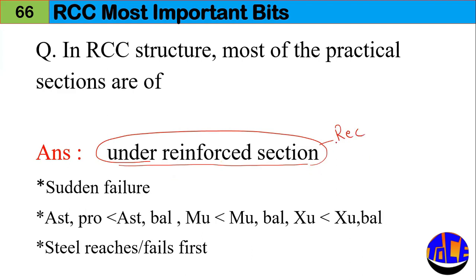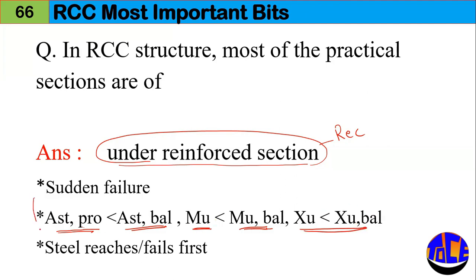You know that in under reinforced sections, the provided Ast will be less than the Ast of the balanced section. Not only that, the ultimate moment will be less than the moment of the balanced section, and the actual neutral axis will be less than the balanced neutral axis, or critical neutral axis, or maximum neutral axis.